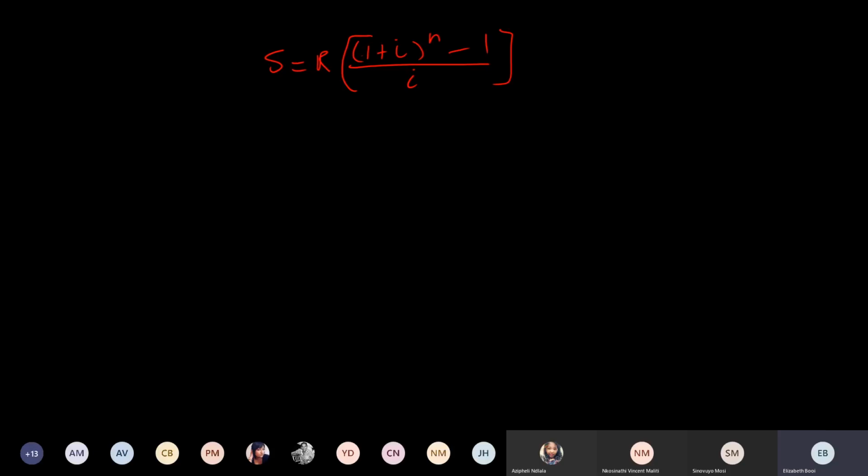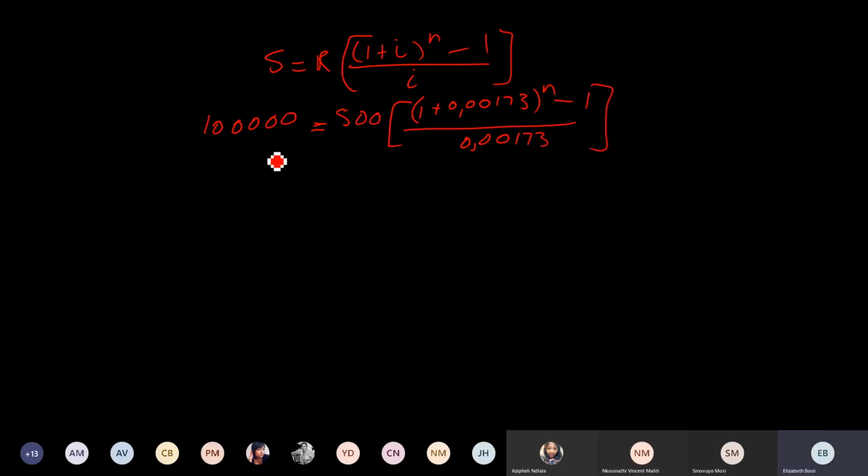So to substitute, we are substituting 100,000 and 500 times 1 plus 0.00173 to the power n minus 1 divided by 0.00173. Bracket, we divide both sides by 500.